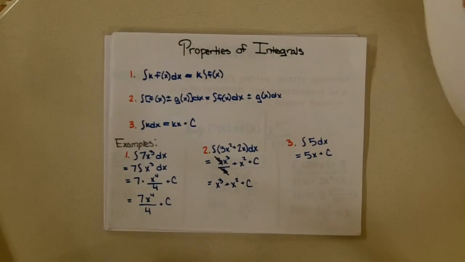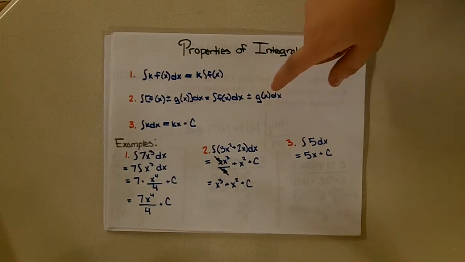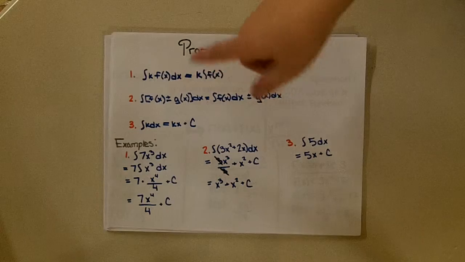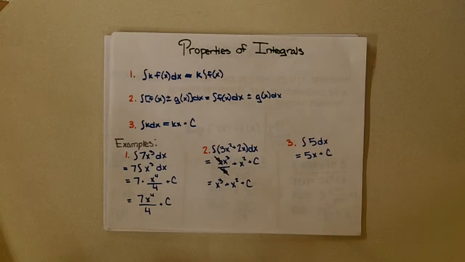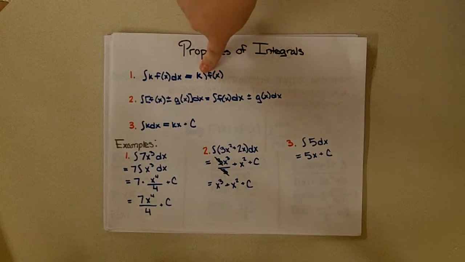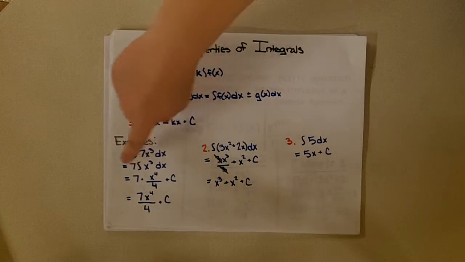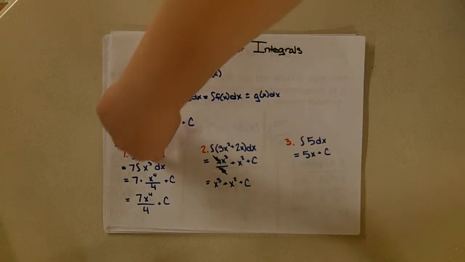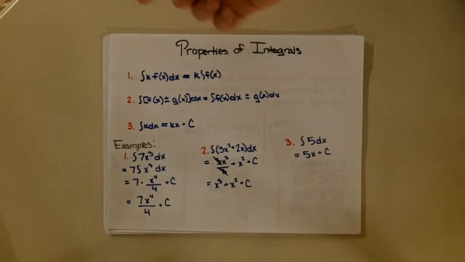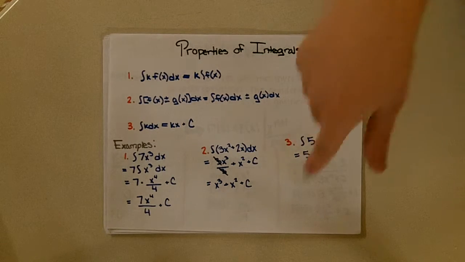There are three main properties of integrals, and they are listed below. We apply each rule to an example. So for the first one, we're given the integral of 7x to the third, and as shown here, we are able to bring the k, which in this case is 7, out to the front of the integral, and then just integrate the x to the third part, which then becomes, we use the equation x to the n plus 1 over n plus 1.